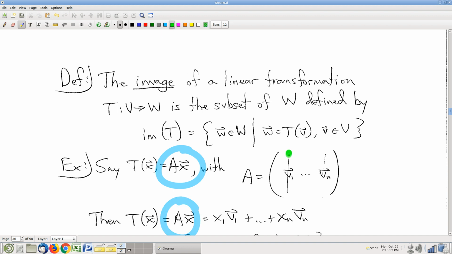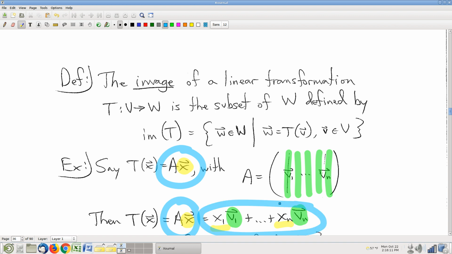You take the columns of the matrix. If you want to multiply by some vector here, the coefficients of that vector become the coefficients in a linear combination of those column vectors. Right? That's how you get A times x. That's all the way back to section 1.2, right? One of the several points of view on matrix multiplication that keeps coming up a lot.